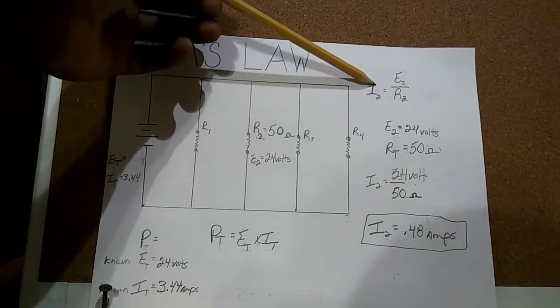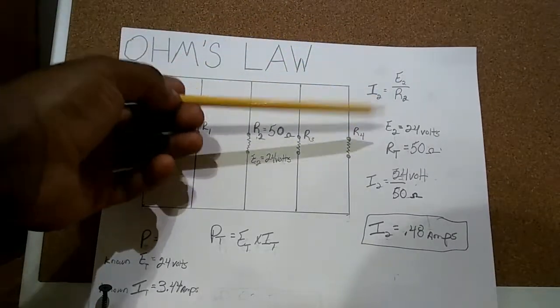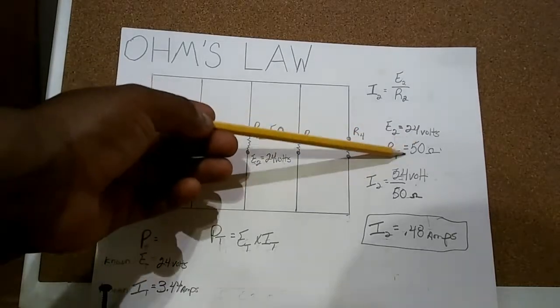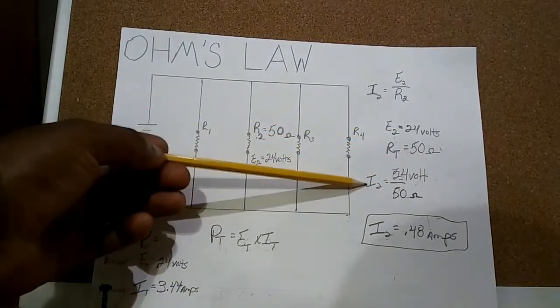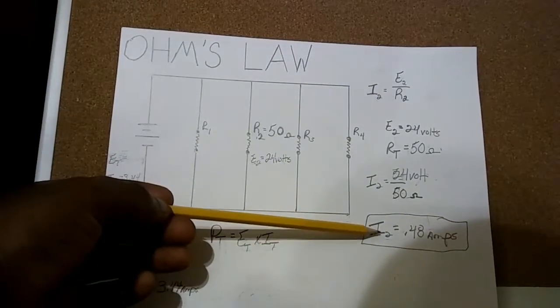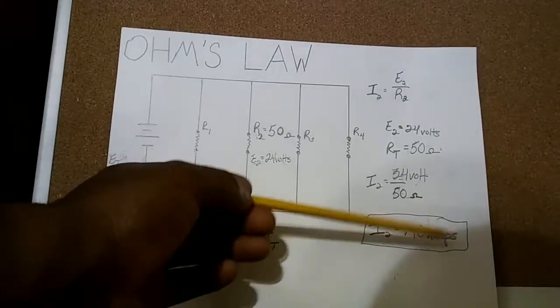I sub 2 is equal to E sub 2 over R sub 2, which would be 24 volts over 50 ohms. And what we have is I sub 2 is equal to 0.48 amps.